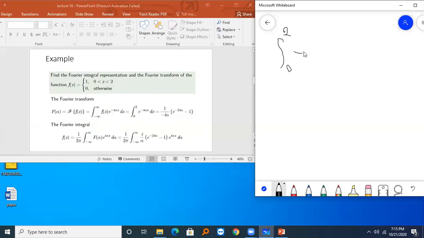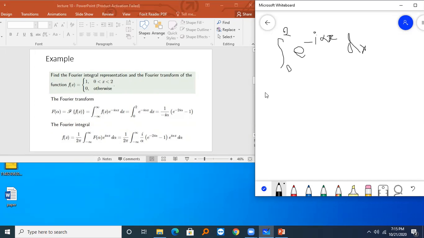We'll just write the non-zero components. Now this is the exponential, so we'll integrate it.